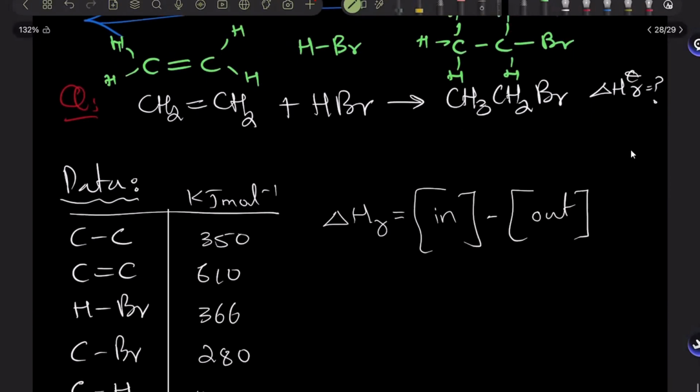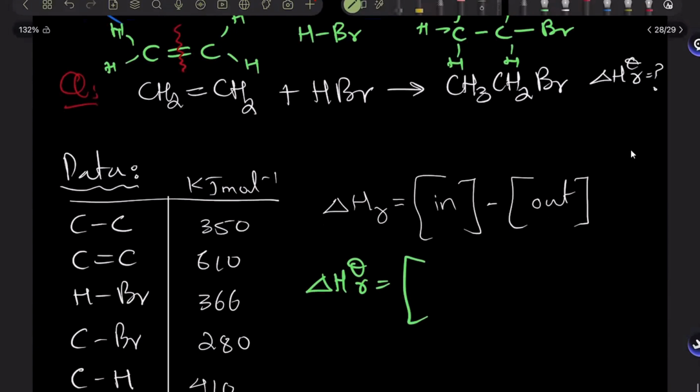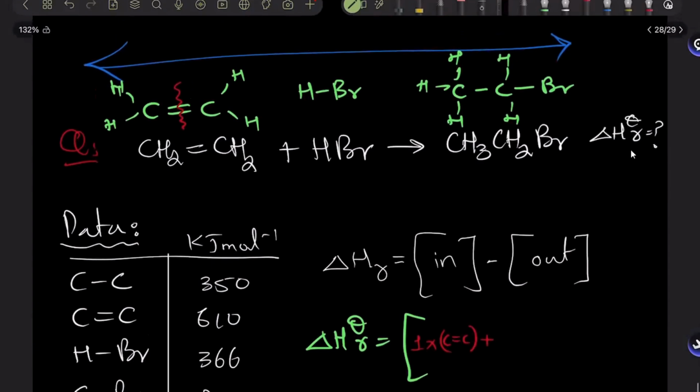So on the reactant side, this will be the energy that is taken in. So the energy in, which bonds do I have to break? I have to break 1 times this carbon-carbon double bond. So I'll write 1 times the bond energy of the carbon-carbon double bond, plus. What else do I have to break?